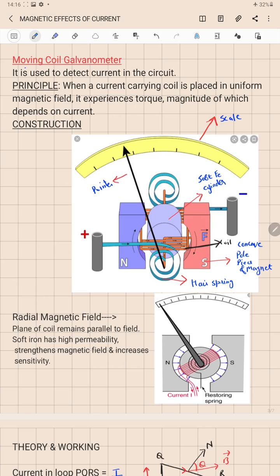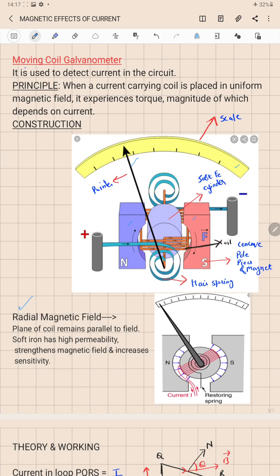Construction. As you can see on the figure, it consists of a scale, a pointer. Here we have two pole pieces, concave pole pieces of the bar magnet. Especially concave pole pieces are used over here, not the flat, because they produce an important type of magnetic field which we call the radial magnetic field.